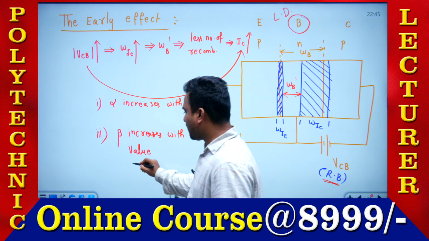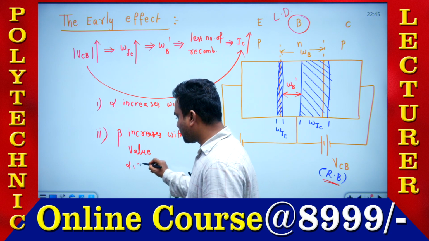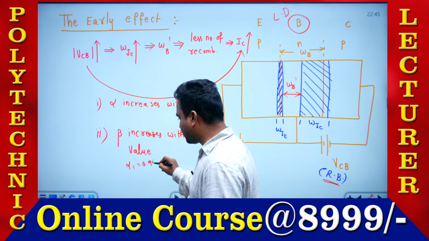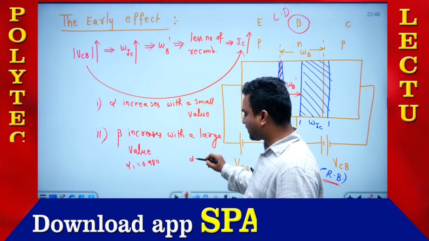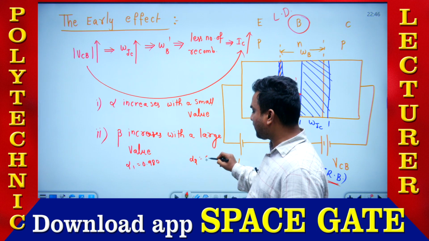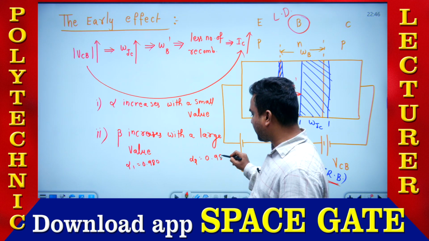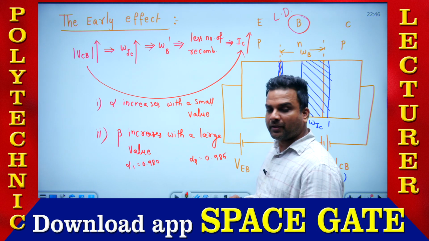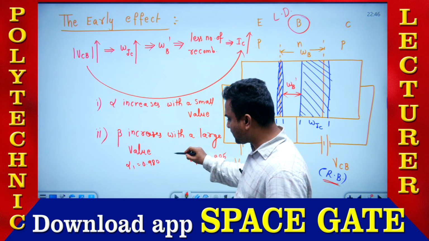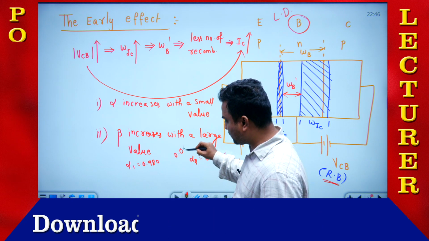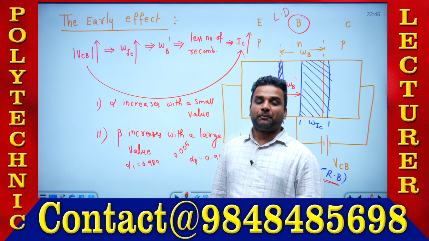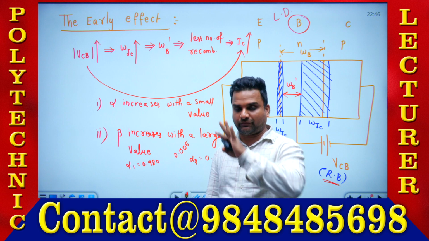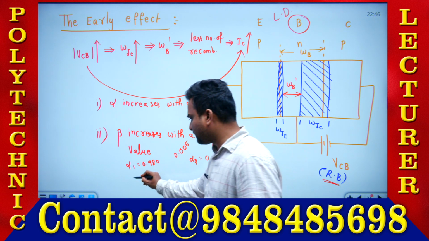Let's assume alpha 1 is 0.980. Alpha 2, because of this early effect, increased to 0.985, meaning the increment is 0.005, guys, very little. Now what about beta?